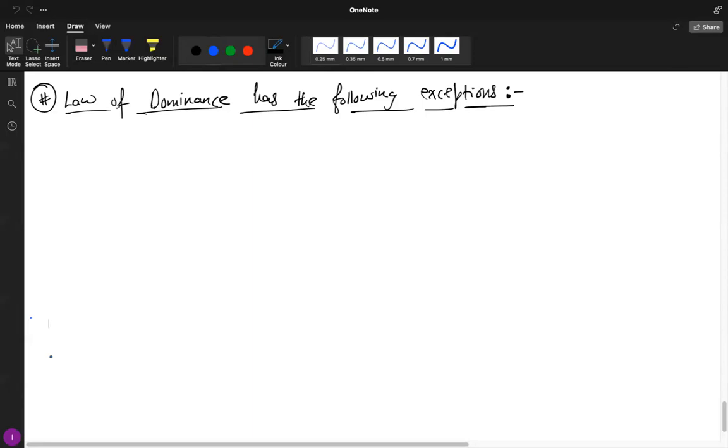Incomplete dominance. What does this mean? What does incomplete dominance mean? Yes, Rabia. It's like sometimes there was no dominant feature, like one was equally dominant over the other. If you say equally dominant, it's a different thing from incomplete dominance.